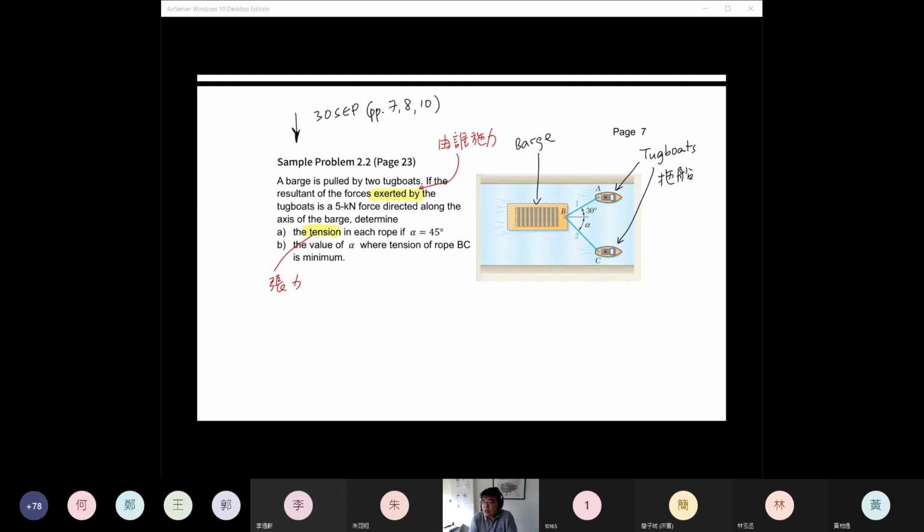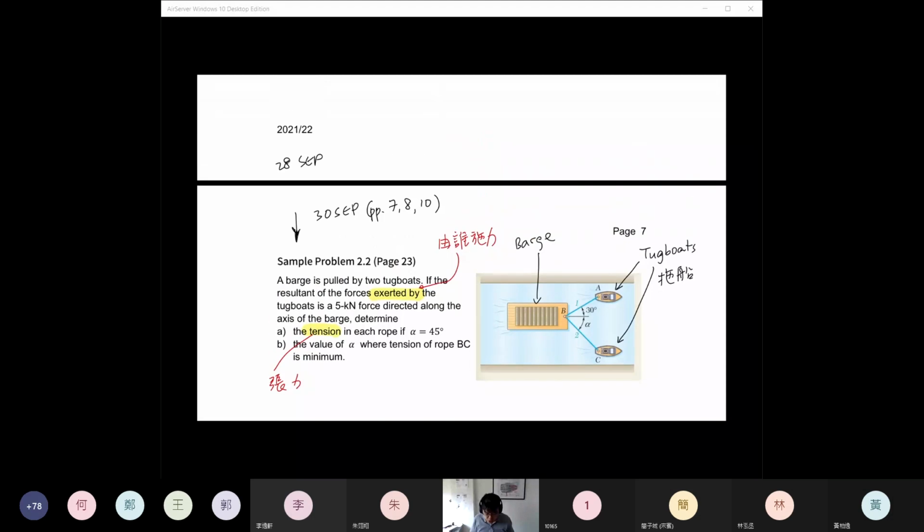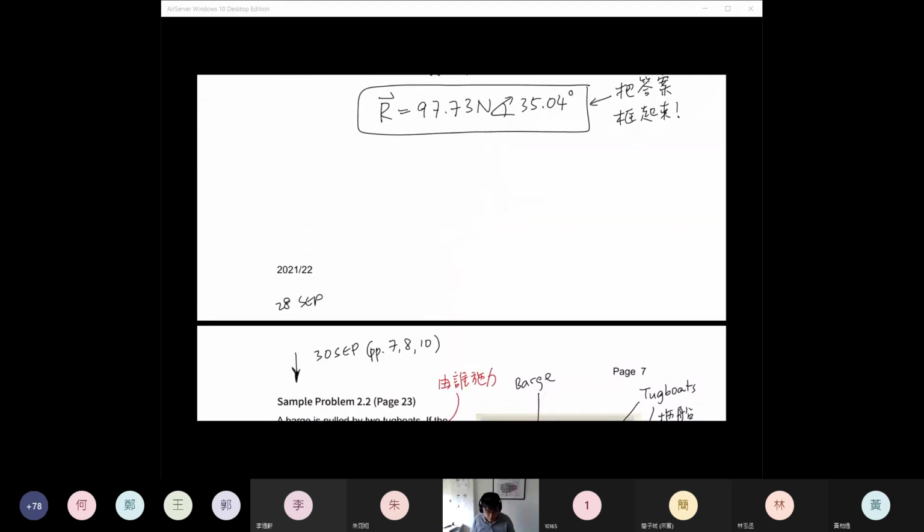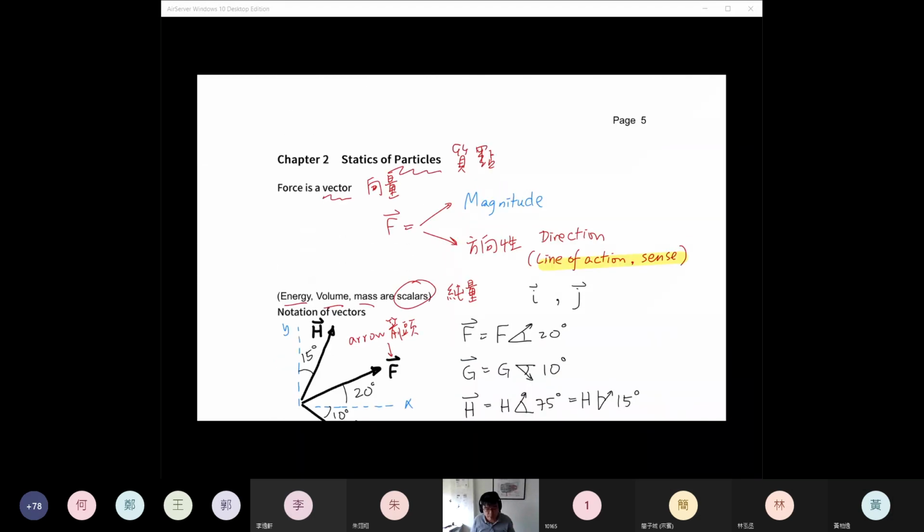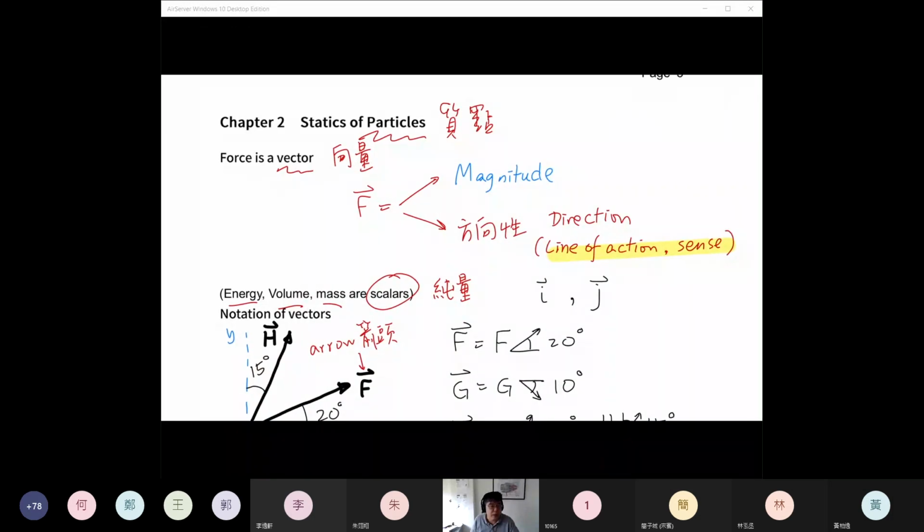Good morning, everyone. Welcome to the first day's course. On Tuesday, we had a quick look at vectors, and we said that forces are vectors, and vectors and scalars are different because vectors have directions.